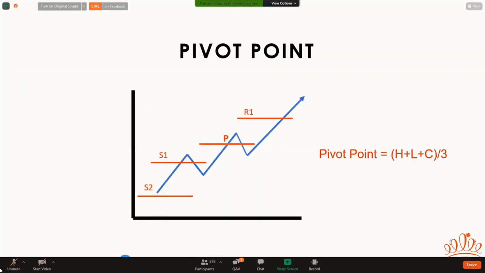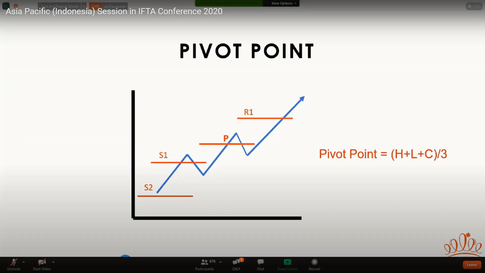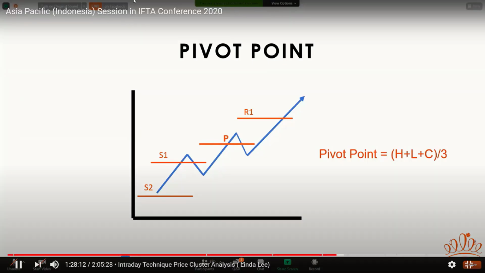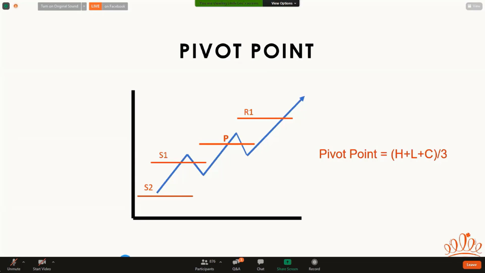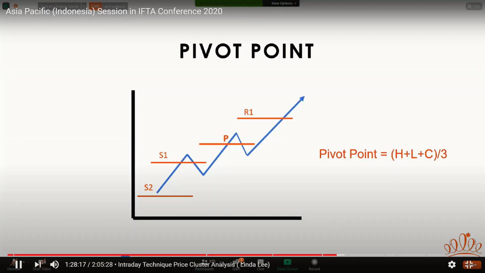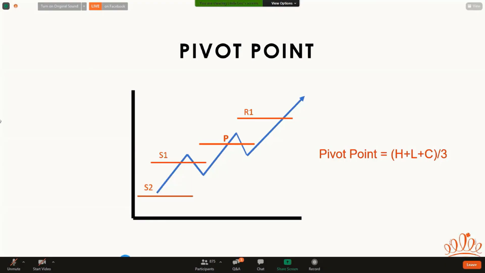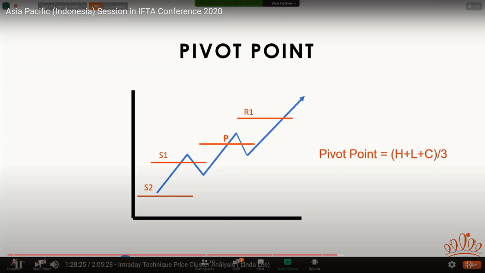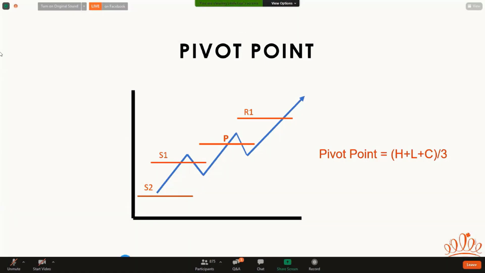A pivot point is an indicator used to determine the overall trend of the market over different time frames. It is defined as the typical price based on yesterday's high, low, and closing price. The pivot point is the average of the high, low, and closing price from the previous trading day.